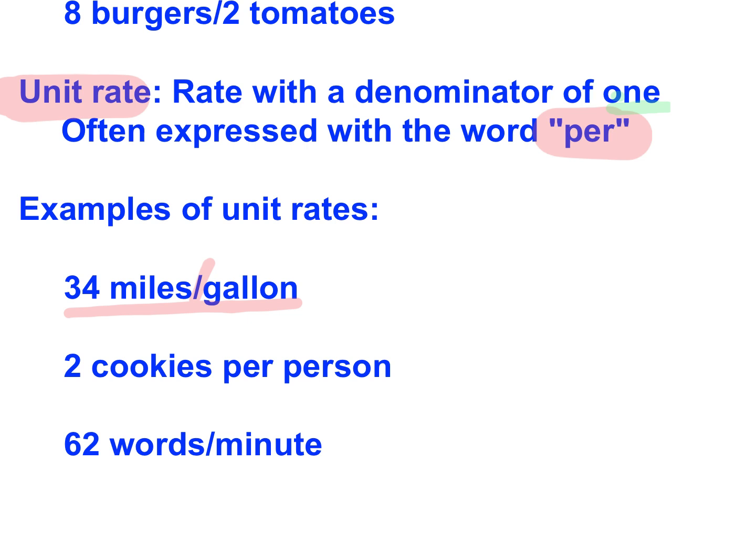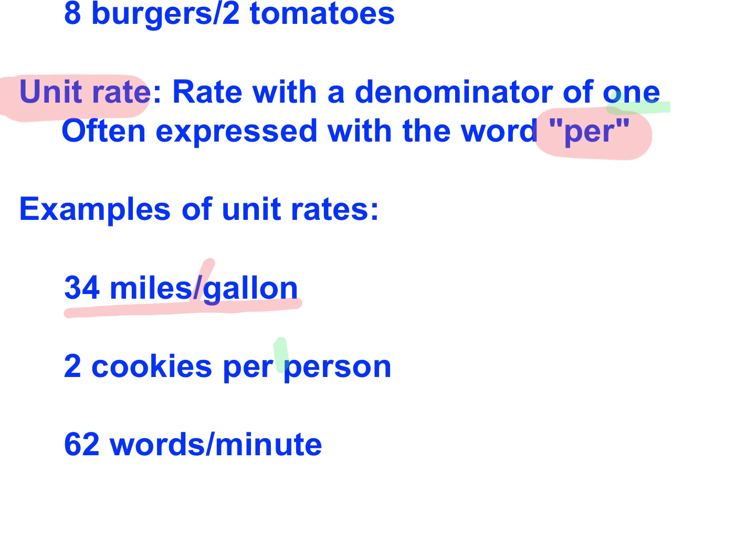And we'd be talking about maybe driving a car. I can go 34 miles per 1 gallon of gas that I put in the tank on average. 2 cookies per person. That's 2 cookies per every 1 person. That's a unit rate because it's comparing something to 1 of something else. 62 words per minute.